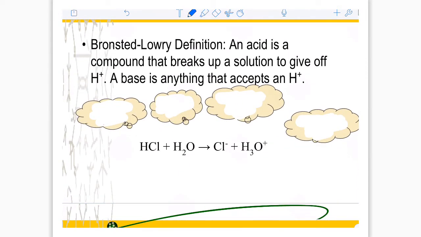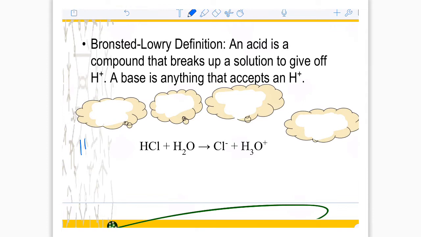So the Bronsted-Lowry definition still is in some ways like the Arrhenius definition. We're still looking for H+, right? So if I see an HCl or an HNO3, I'm still thinking acid here. What has changed is the definition of a base.